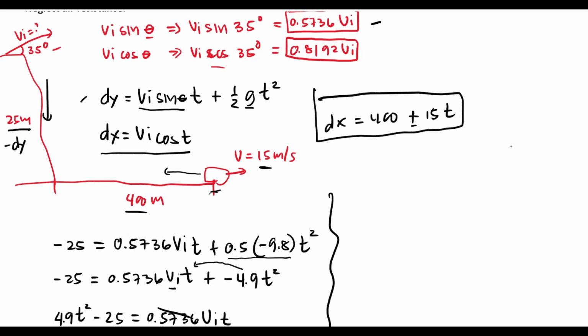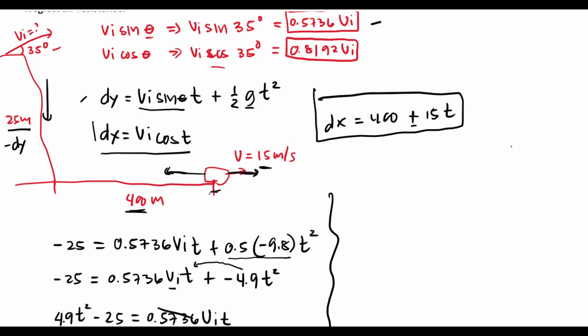So if the object is moving away, this is plus; if approaching, this is minus. We assume this one is moving away, so we use plus. So dx equals 400 meters plus 15 meters per second times the time.